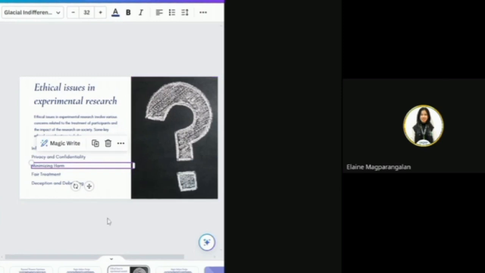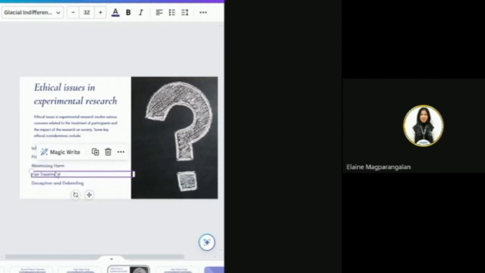So in ethical issues in experimental research, we also have to minimize harm to our participants. I think this involves all types of research, mapa-quanti man to or mapa-quali. Okay, now next one is we have the fair treatment.